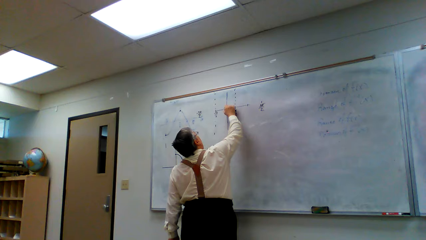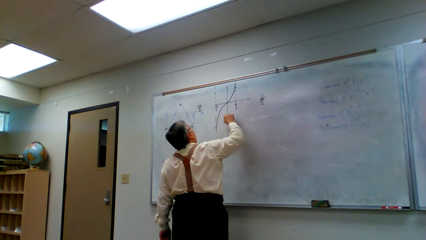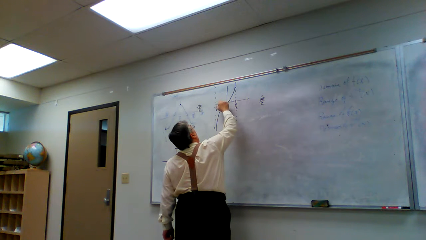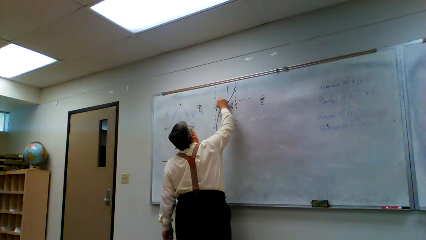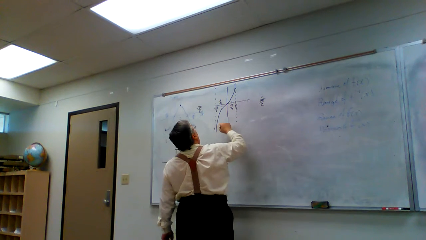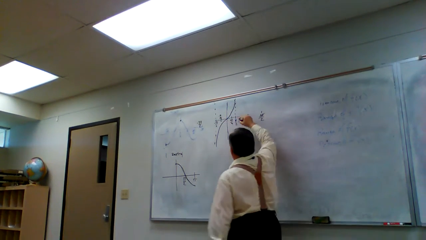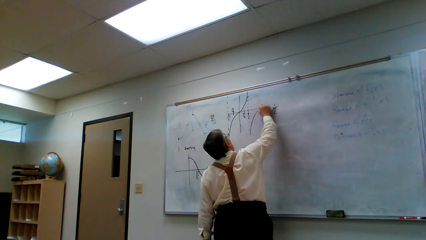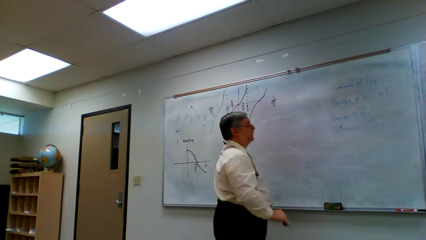If you graph it out, it looks like this, and this equals 1 and minus 1 at pi over 4 and minus pi over 4. And then that same graph just repeats over and over again.